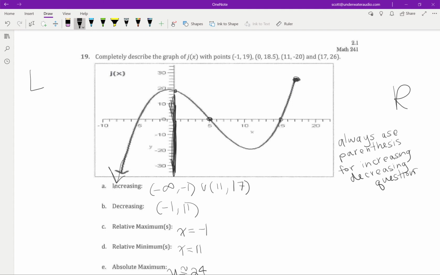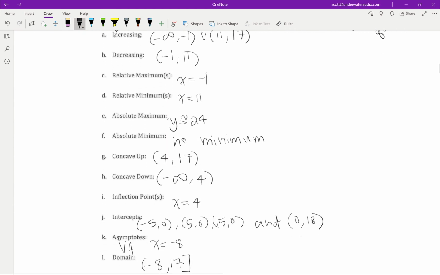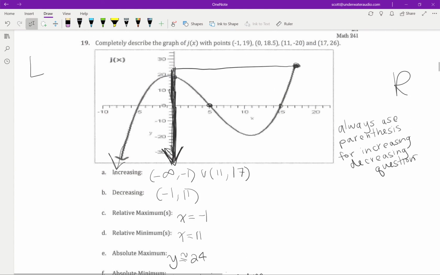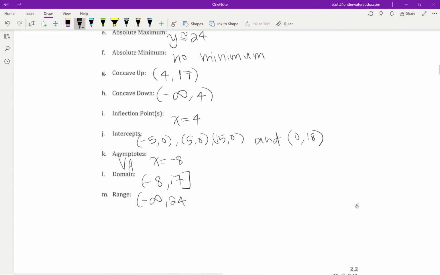And then, this y value up here is also accounted for, which I think we decided was 24. So on the y-axis, the y values that are accounted for are negative infinity all the way to 24. And I want to think about if I need to include 24. It looks like we do because this is a closed circle, so that's a bracket.